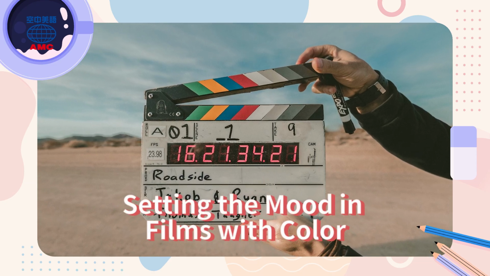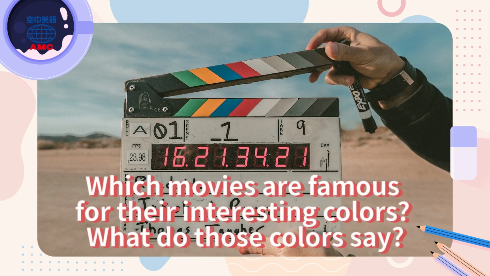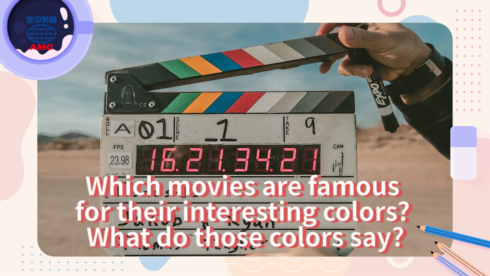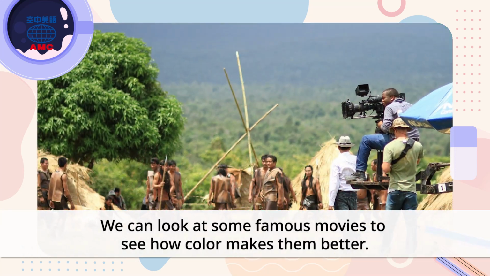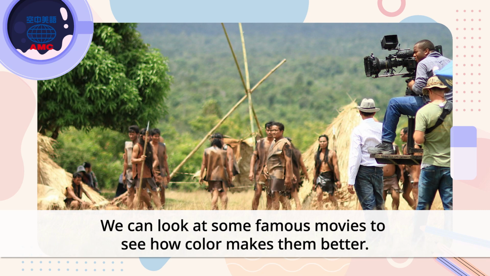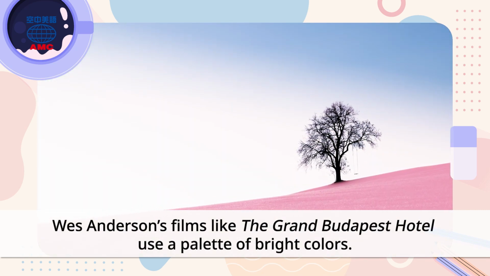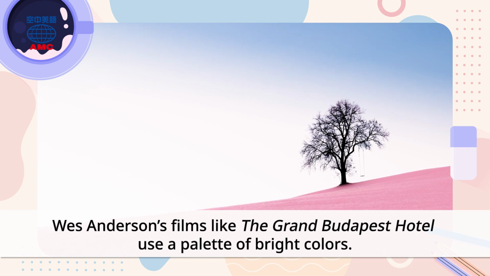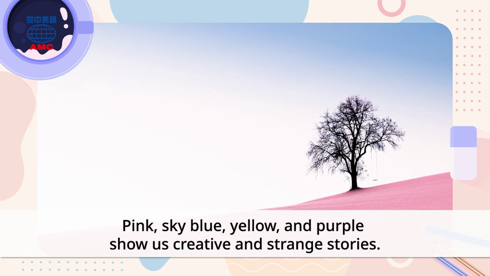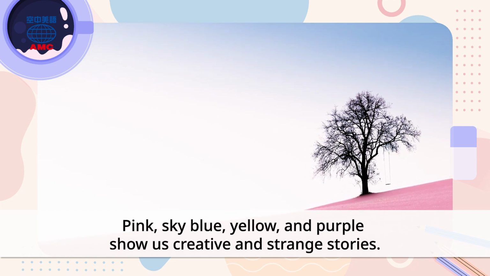Setting the mood in films with color. Warm-up question. Which movies are famous for their interesting colors? What do those colors say? We can look at some famous movies to see how color makes them better. Wes Anderson's films, like The Grand Budapest Hotel, use a palette of bright colors. Pink, sky blue, yellow, and purple show us creative and strange stories.